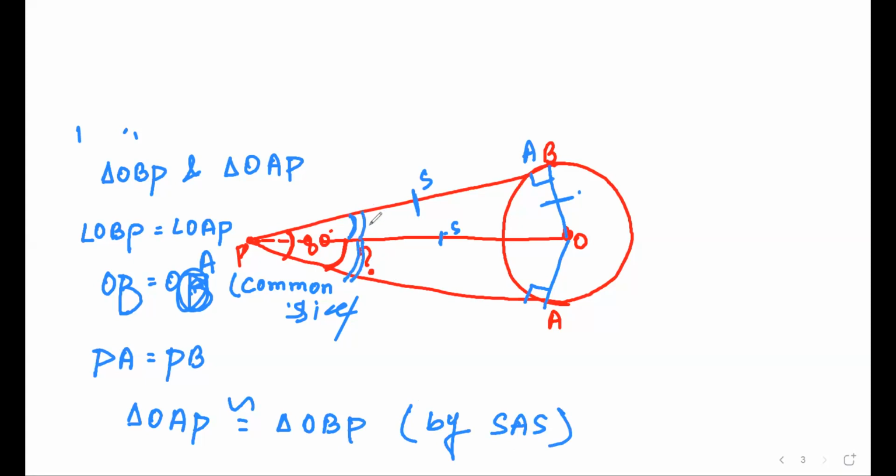Okay, ma'am. So if total is 80, then we can say this is 40 and this is 40, right?